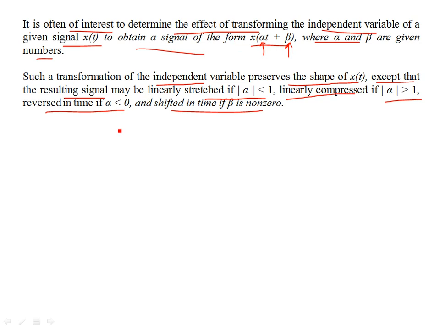Similarly, if alpha is less than 0, if alpha is equal to minus 1 and beta is 0, then this simply means time reversal. So if we have this transformation x(alpha t + beta), then in the case where alpha is equal to minus 1 and beta is 0, what does this imply?